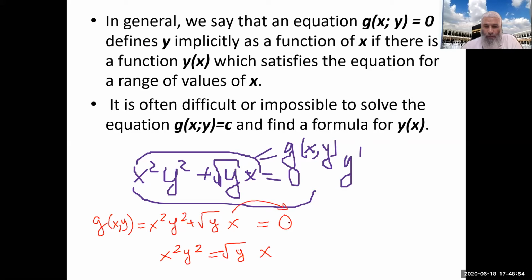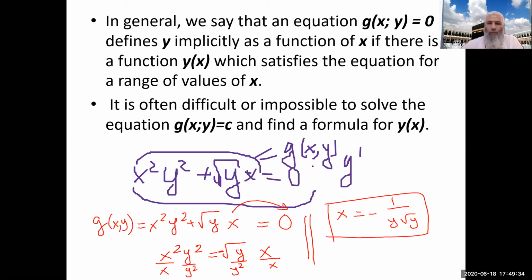When we take this to the other side, if we equate this to 0, and divide by y squared, we have here x equals minus 1 over y root y. Something like this. Okay.